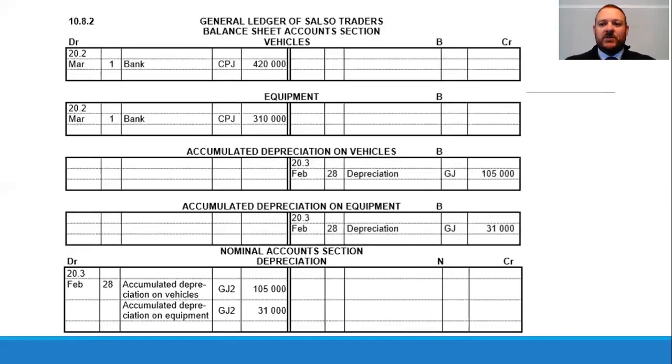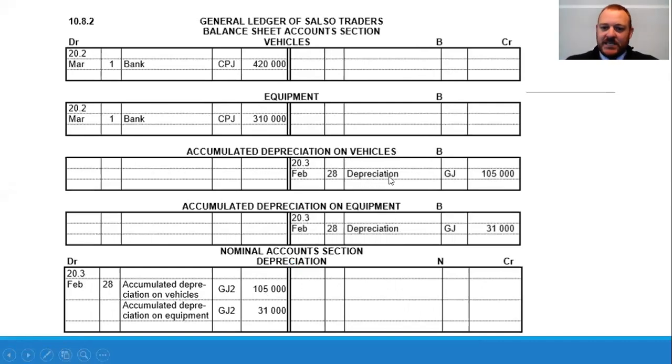In posting to the general ledger, we know that vehicles and equipment is debited, those two assets. Okay, you'll see there's no credits here, guys. The actual vehicles and equipment accounts are not credited yet by those accumulated depreciation amounts. And then you'll see the actual depreciation expense accounts are recorded there as two separate amounts for vehicles and equipment, and there must be an equal credit, okay, with the double entry principle applying, and those equal credits you find in this new account called the contra asset account, accumulated depreciation on vehicles and accumulated depreciation on equipment.